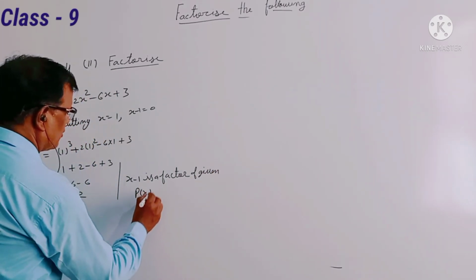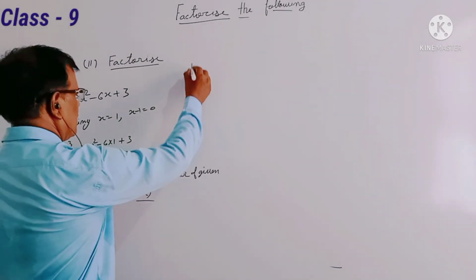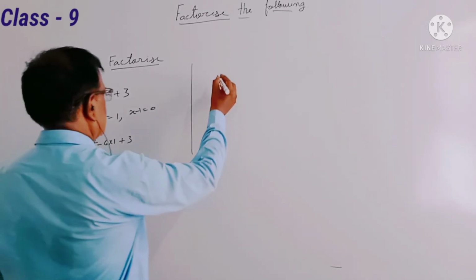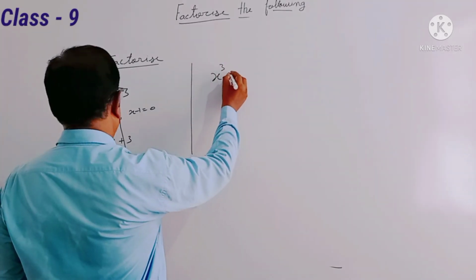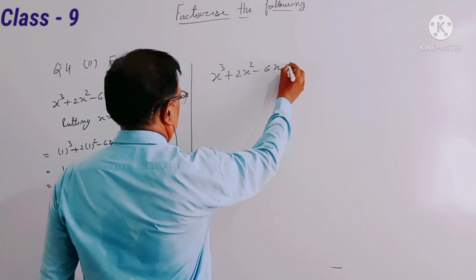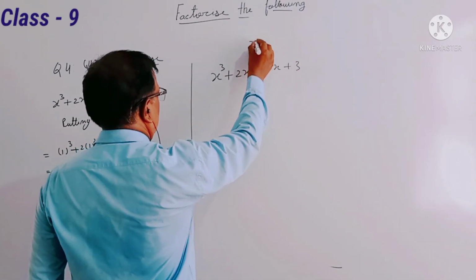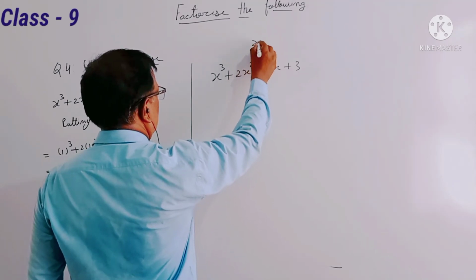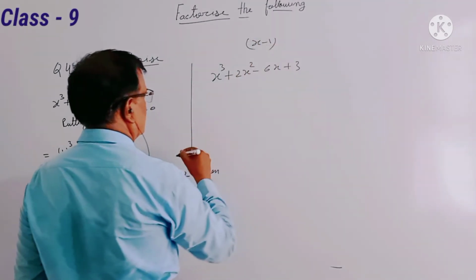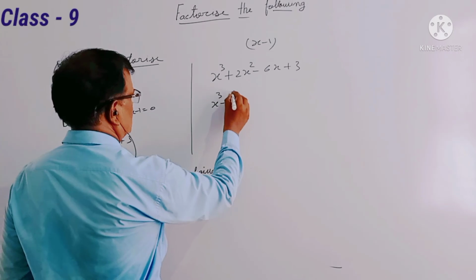Now we're going to solve to find the other factors, as we have solved in the second method. We write this one as x cube plus 2x square minus 6x plus 3. My target is that after taking common the remainder should be x minus 1. Now we see here x cube minus x square.